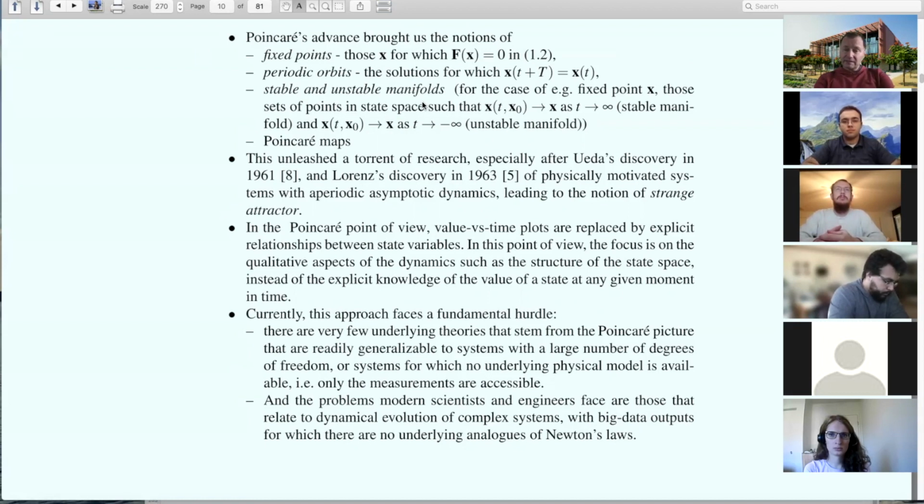But the theories it provides are usually hard to extend to very high dimensions. Geometry of high dimensional systems is hard, let's put it that way. Even if you start thinking in 4D, it becomes hard. So space and time becomes hard, right? Let alone if you're trying to think in a state space of 20, 30 dimensions or more.